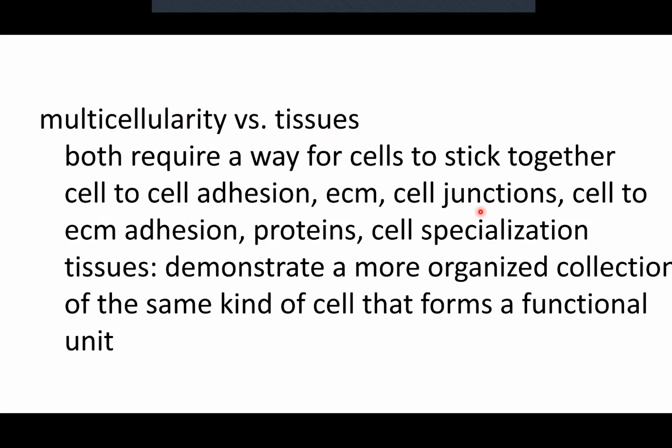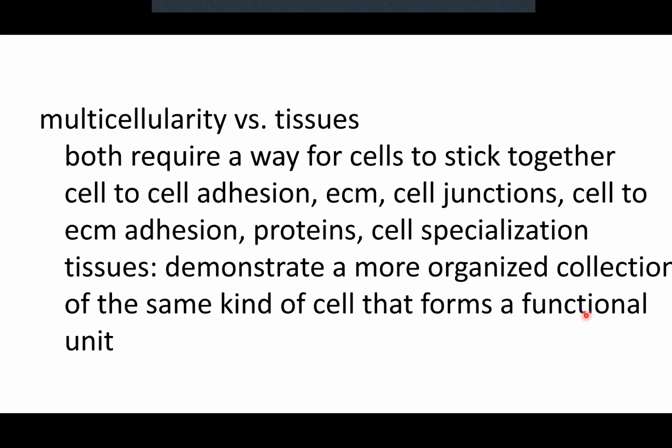Cell junctions act as bridges between cells. Cell to extracellular matrix adhesion, there's proteins involved. We've got cell specialization, so cells for specific functions. But then if we want to talk about tissues, tissues demonstrate a more organized collection of the same kind of cell that forms a functional unit.